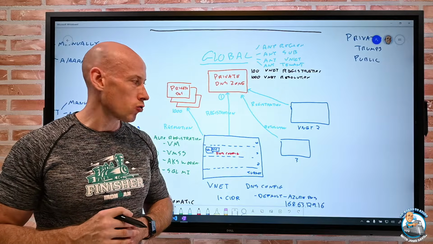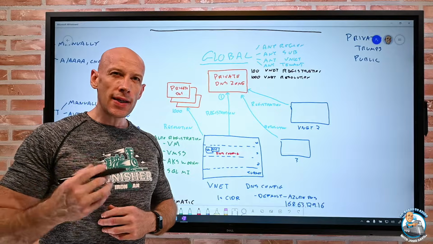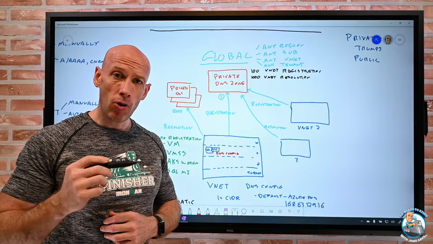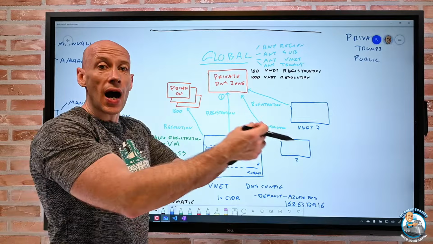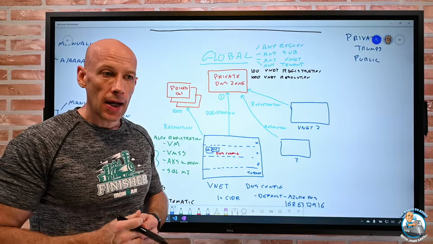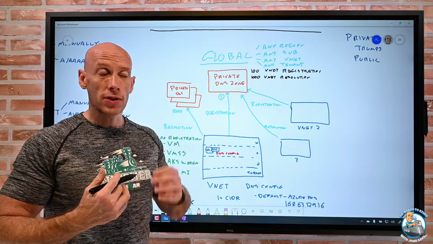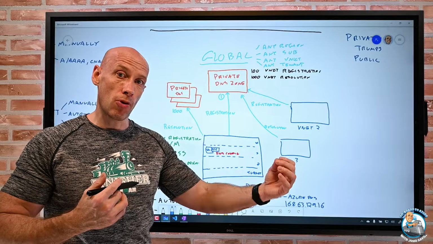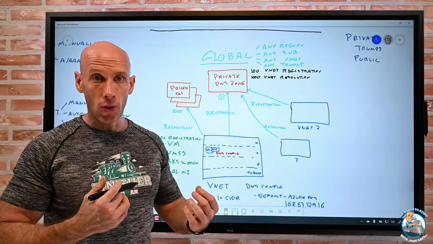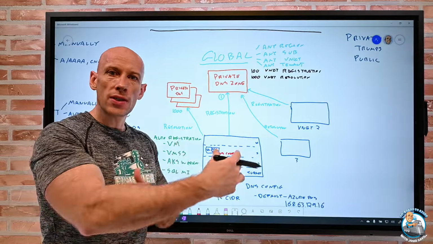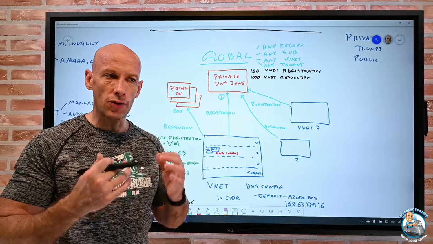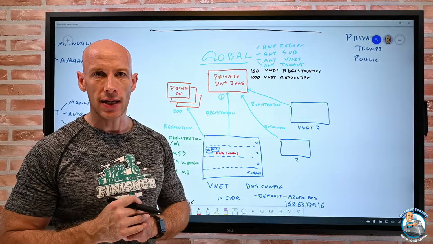One of the things I can't do today from Azure Private DNS is forward to other DNS servers. That's something that's being worked on. So the whole idea about forwarding from Azure Private DNS and conditional forwarding, those things are being worked on by Microsoft. We expect to see that kind of functionality in the future.